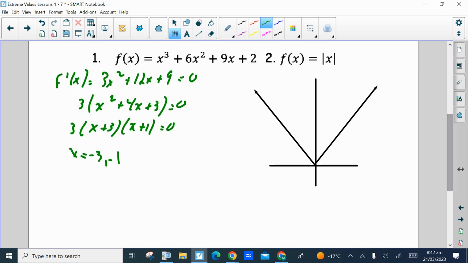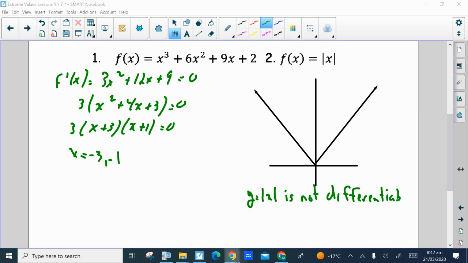So in this case here, we say that y equals the absolute value of x is not differentiable at 0. Again, the graph is a corner. That point is a corner.